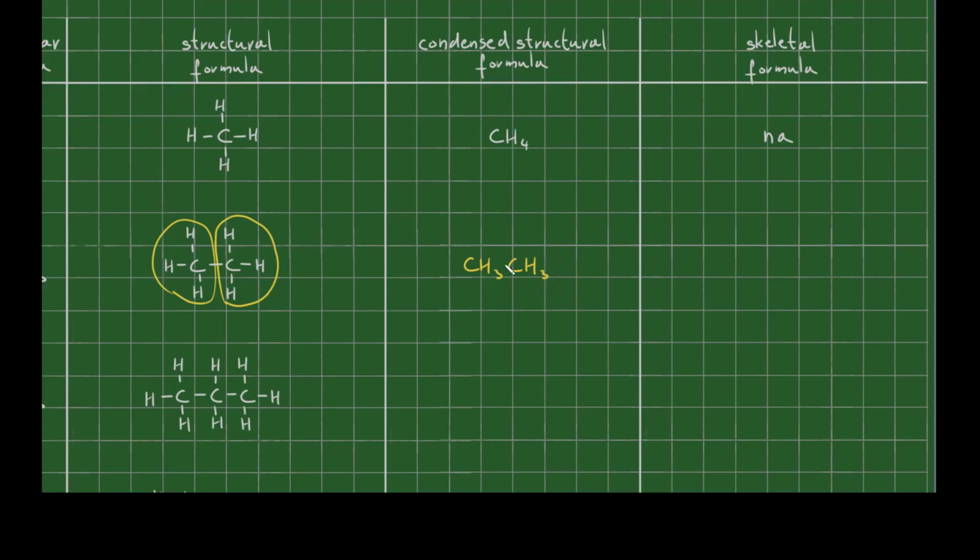This CH3 is also known as a methyl group. Please note the difference. Methane is CH4, whereas if I'm talking about a methyl group, I'm talking about CH3 that is attached to something else. In this case, I could say that this right CH3 group is attached to another CH3 group, or I have two methyl groups attached to each other.